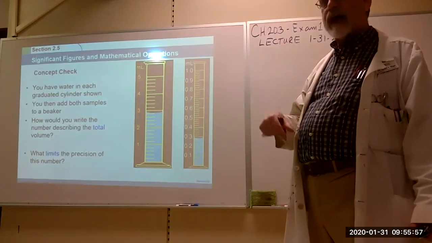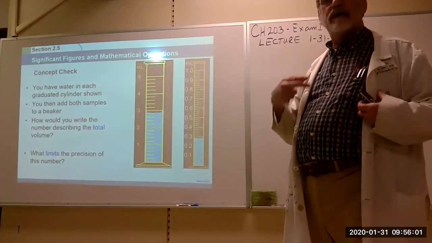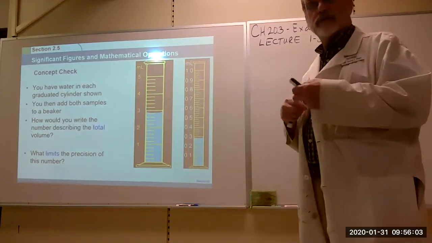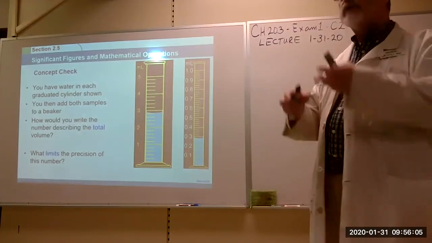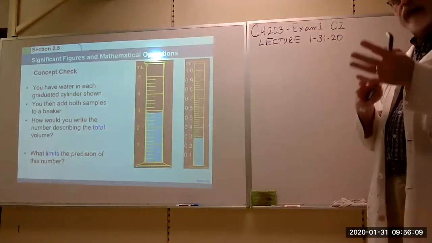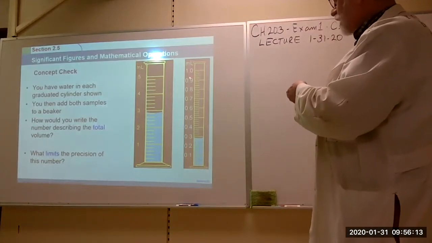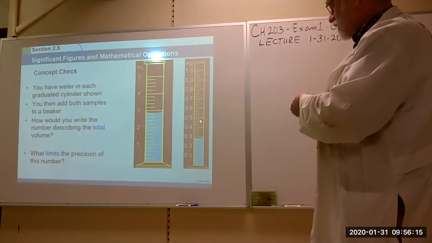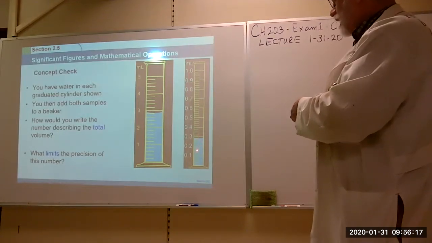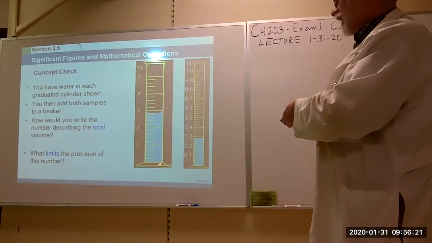The least accurate device determines the significant figures in your value. And you still use the rules. Right? You still use the add, subtract, multiply, divide rules. Just recognizing that the value you get from this one, because it has finer divisions, is overruled by the one that's less accurate.